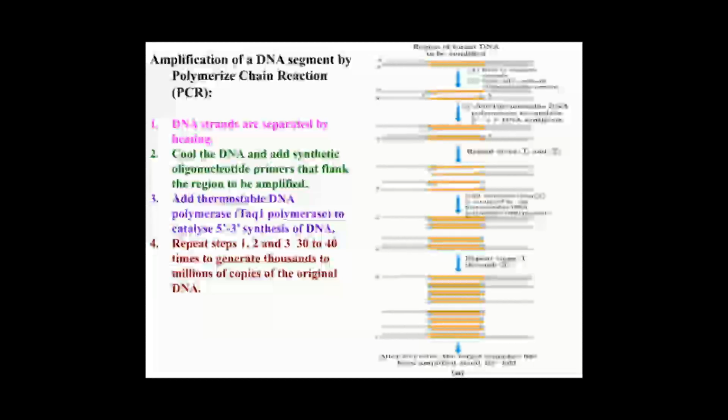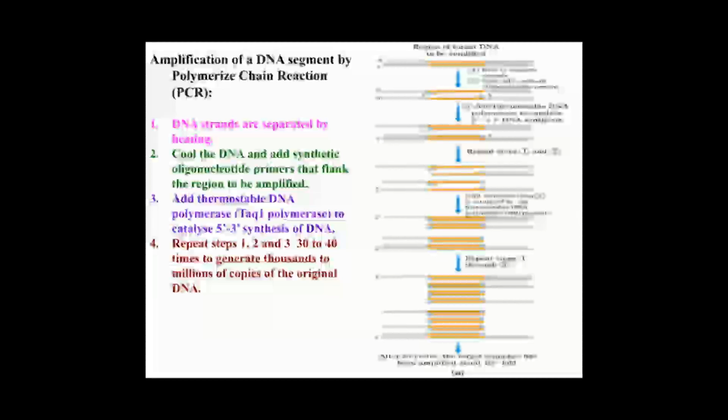Each cycle doubles the amount of target DNA, resulting in thousands, even millions, of copies of the original segment. This process is fundamental in molecular biology, enabling us to generate enough DNA for analysis or experimentation, and it exemplifies how precise, automated steps can exponentially amplify genetic material.